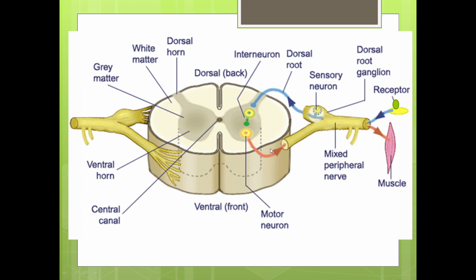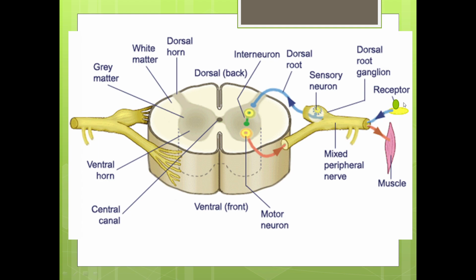The ventral root contains only motor neurons, right? Inside the dorsal root ganglion, you find the cell bodies of the sensory neurons. Cell bodies of the sensory neurons are located in the dorsal root ganglion.